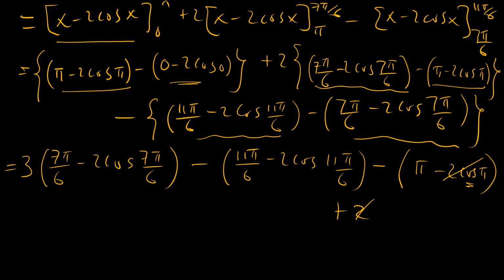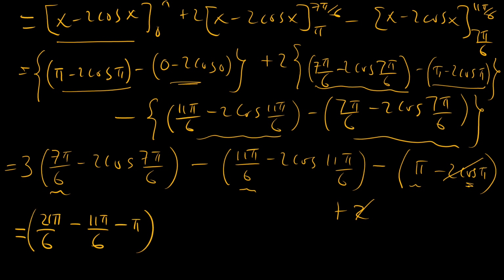So now we come to a point where we have 3 times 7, which is 21, pi over 6, minus 11 pi over 6, and then minus pi.